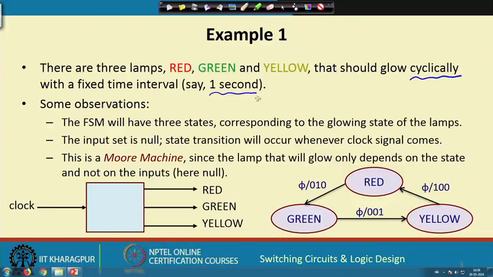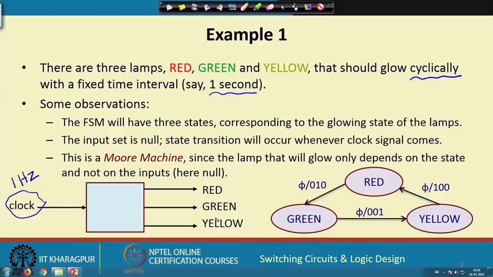Now, this time interval we are not really bothered about, because we will assume that our circuit is like this. There is a clock. If I need a 1 second period, then I will be applying a 1 hertz clock. So, changes will happen every 1 second. There are no other inputs in this circuit and the outputs are red, green and yellow.